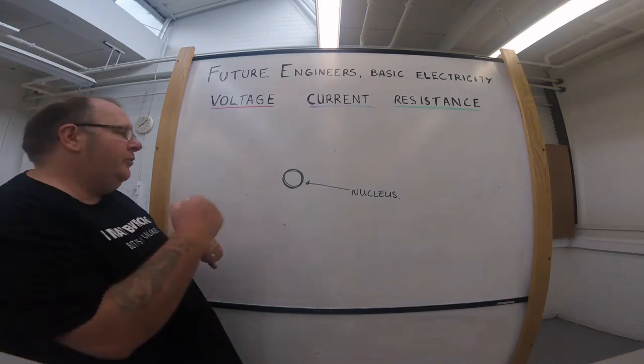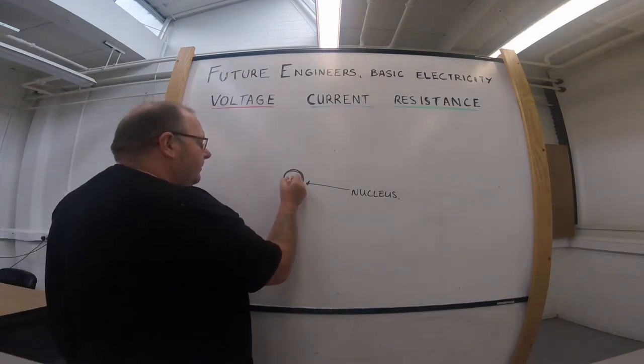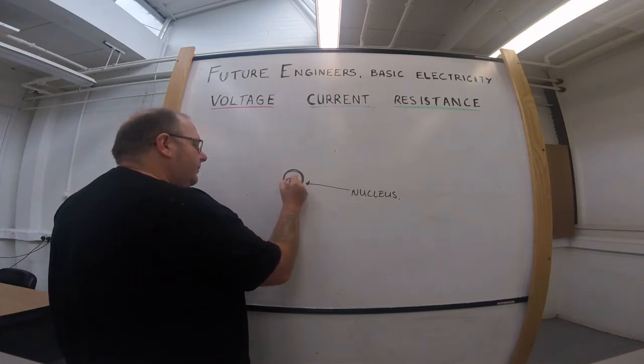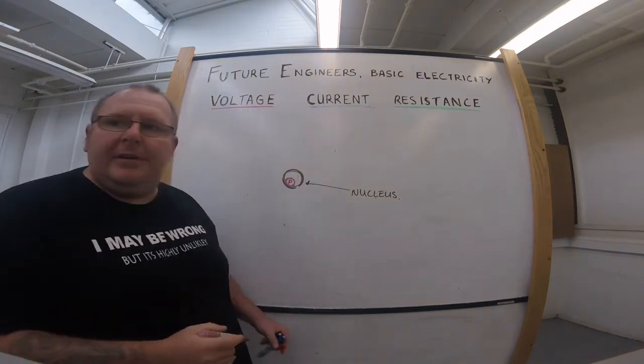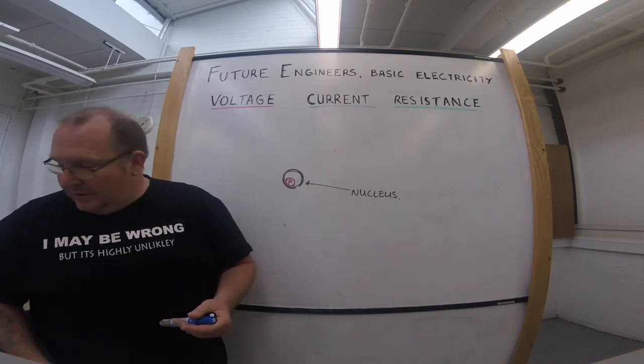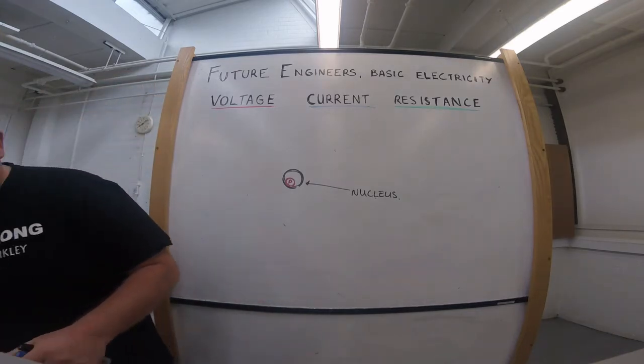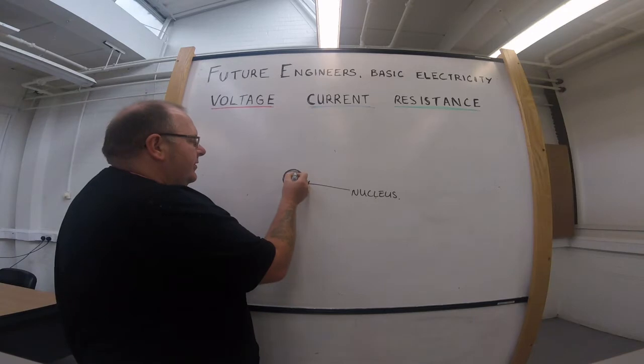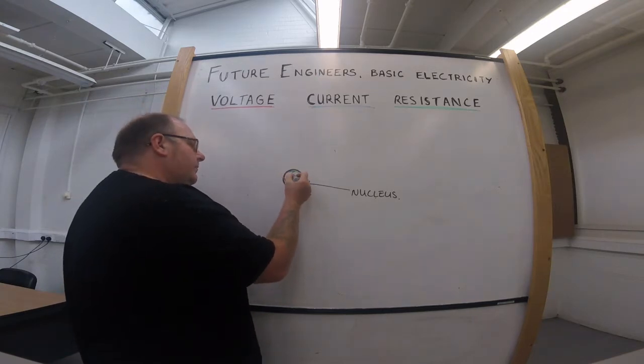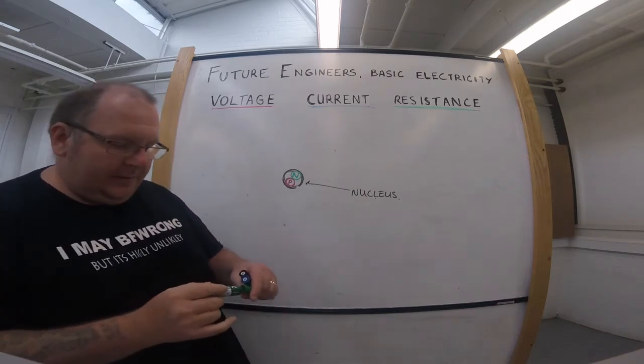They are called protons. So I've just put a P in there, I hope it turns up on the video. And neutrons. So there's an N for neutron in there.